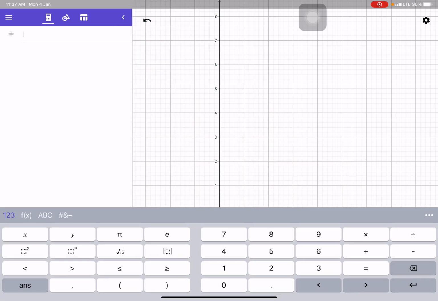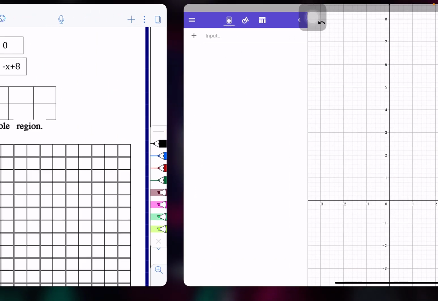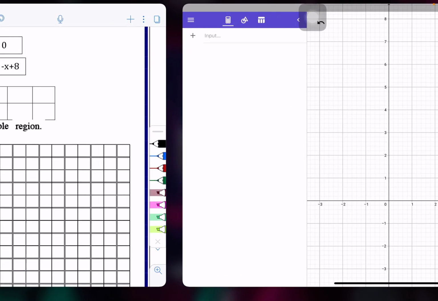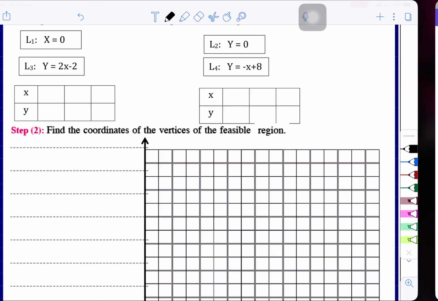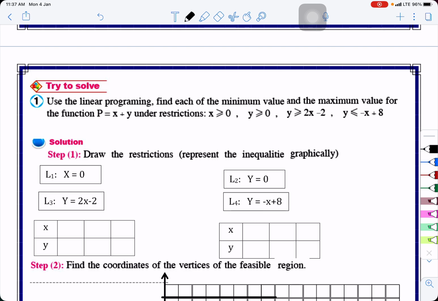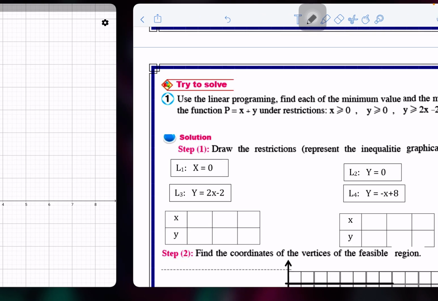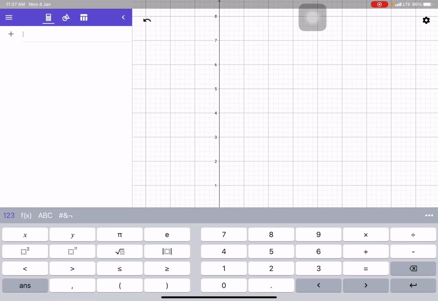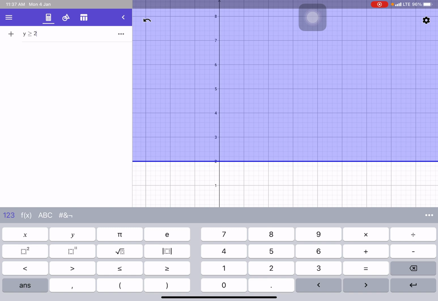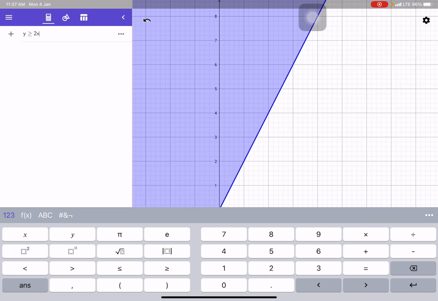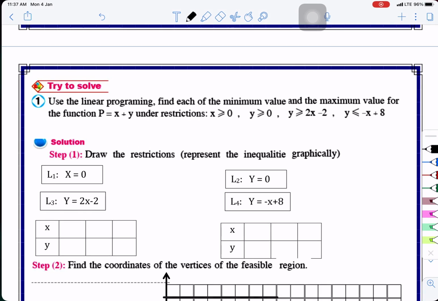The first inequality: y more than or equal to x minus 2.